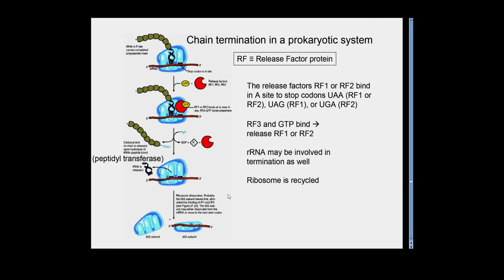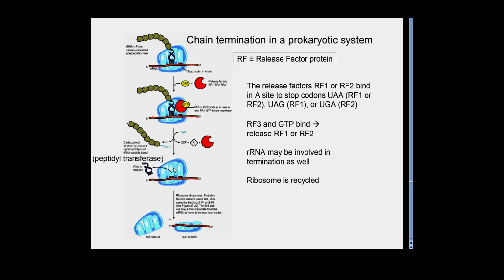And later, when an empty place appears in the A site, a stop codon, one of 3 stop codons, releasing factors, RF, bind, and again GTP is necessary for each association, and the last amino acid with the last tRNA associated with the P site is digested.